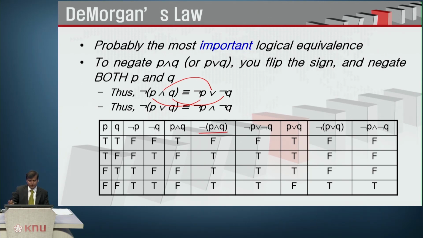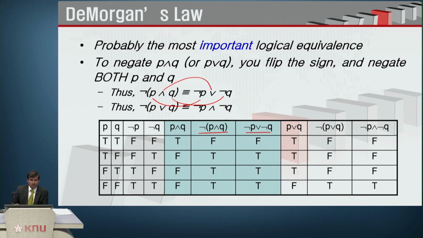So now you can think about what is its equivalent. There it is. So negation of P and Q is equivalent to negation of P or negation of Q. So this is one of the important observations.